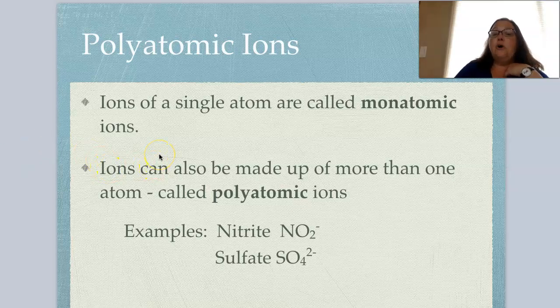These ions are all called monatomic, meaning they have one single atom. But they can be made up of more than one atom, called polyatomic ions. So for example, the nitrite ion is NO2 with a -1 charge. The sulfate ion is SO4 with a 2- charge.